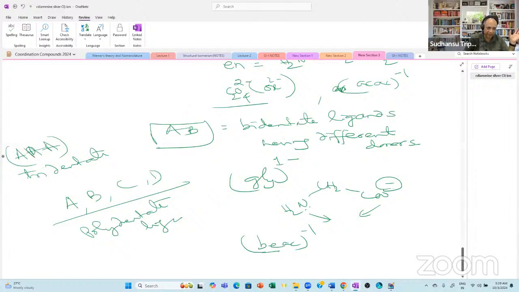For polydentate ligands starting from bidentate, tridentate, tetradentate, you use capital letters. Minimum two letters are to be written together to start from bidentate, and many more can be grouped together for tridentate, tetradentate, and so on.